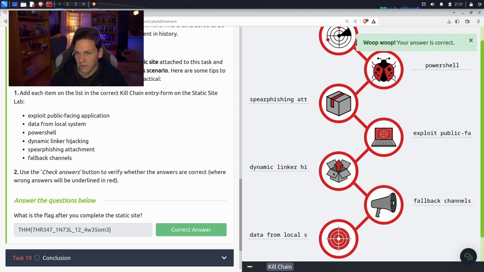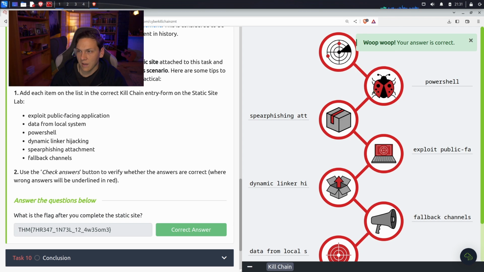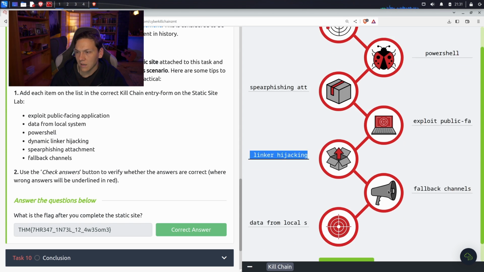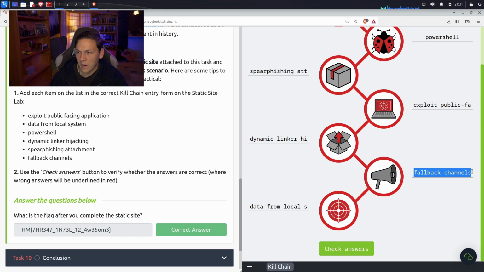So the way that this cyber kill chain works is that they weaponize PowerShell. They did a spear phishing attack. Then they exploited a public-facing application. They did a dynamic linker hijacking. Then they had fallback channels, and then they exfiltrated data from a local system. That's how they did it.